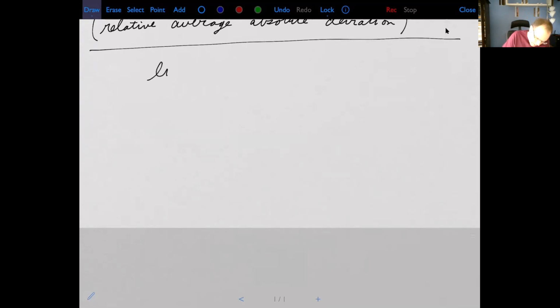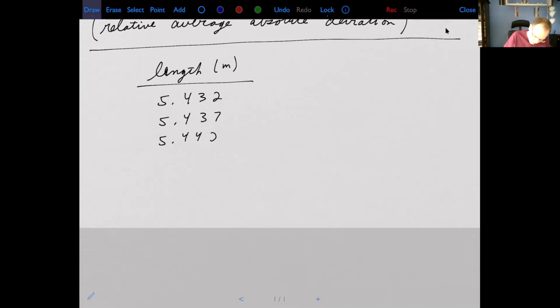So I have length in meters, and let's say this is my data: 5.432 meters, then 5.437, 5.442, 5.438, and then 5.444. Okay, so 5 measurements, and I want to calculate the percent experimental accuracy, or I want to get a measure of the variability of these 5 measurements.